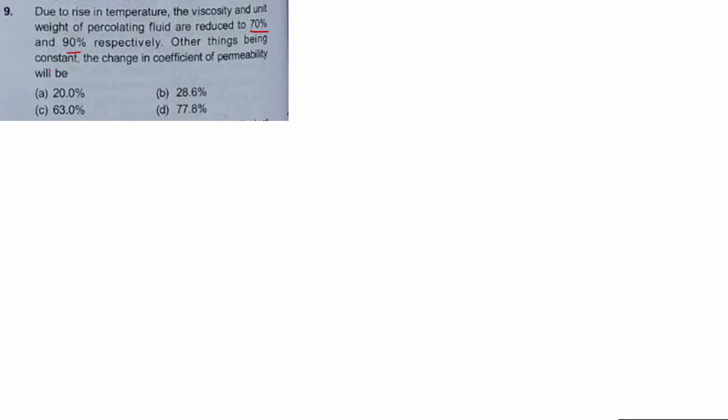Other things being constant, the change in coefficient of permeability will be... You know that permeability K is equal to (gamma W by mu) times eQ divided by (1 plus e), times 1 upon K, times specific surface area whole square.